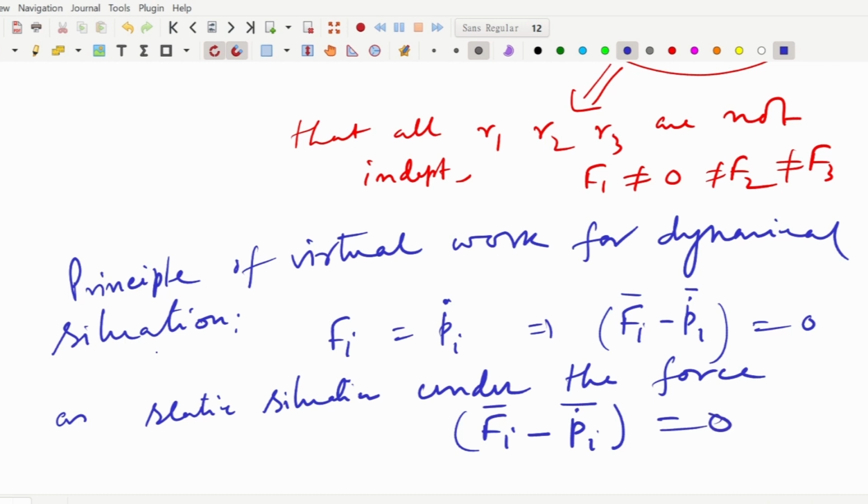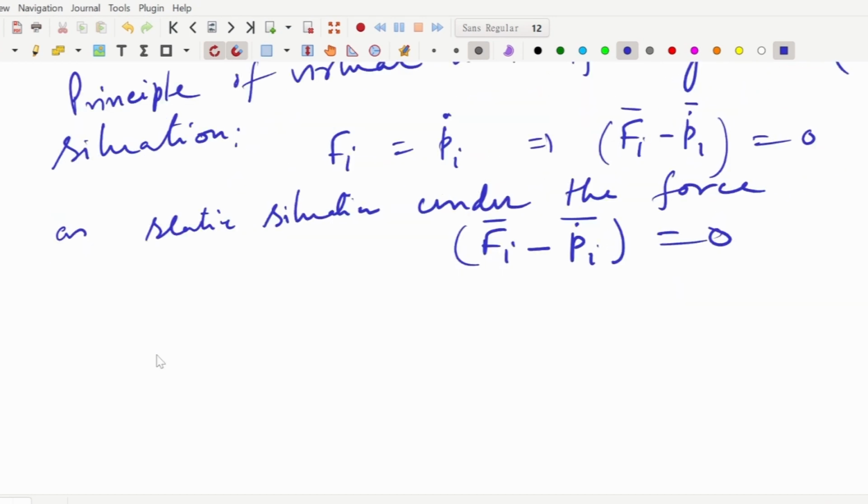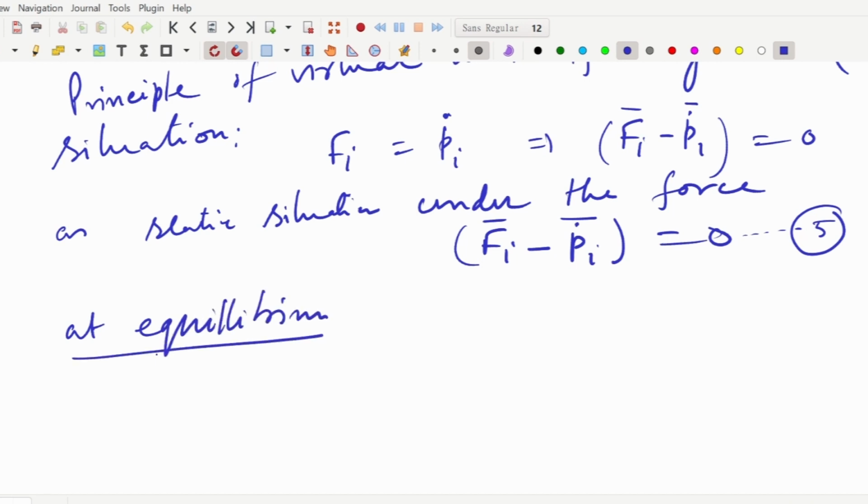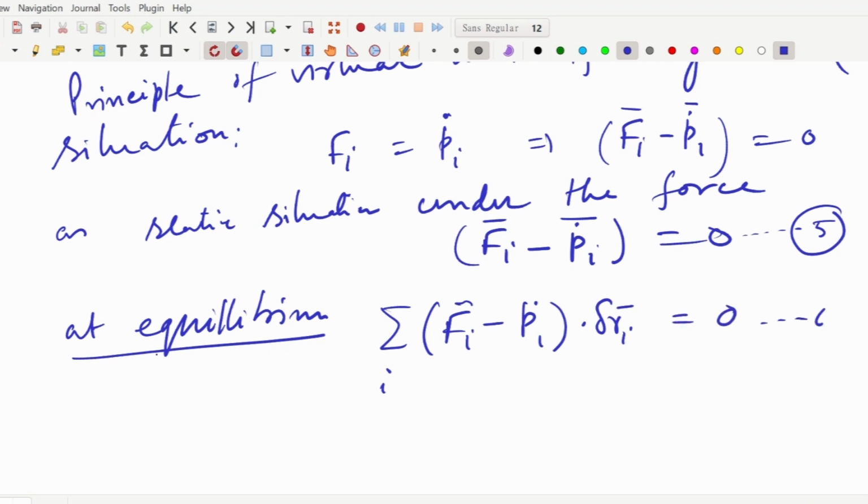Earlier, when there is no dynamics, there is no Pi dot. Let us denote this as equation 5, and then the principle of virtual work at equilibrium will be the sum over i of Fi minus Pi dot dotted with delta ri equal to 0. This is my equation 6.